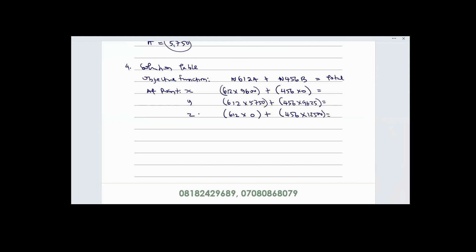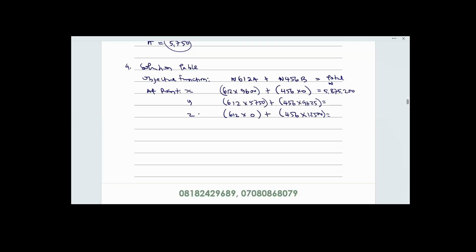So let's multiply. 612 multiplied by 96 gives 875,200.